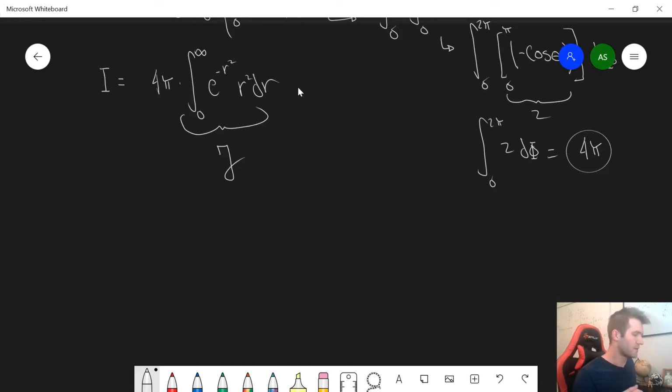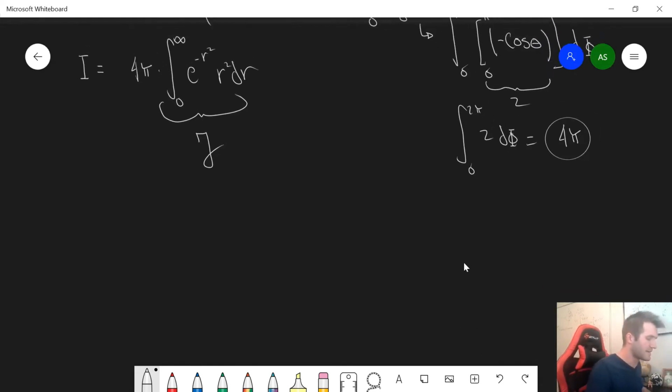So first, what we want to examine is the second derivative of this term right here. So let's do that. So we're going to have the second derivative with respect to r of e raised to the negative r squared.